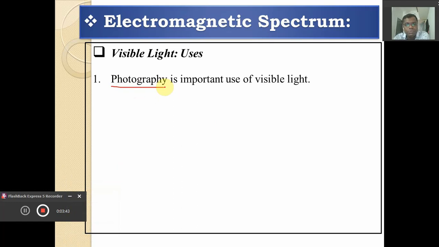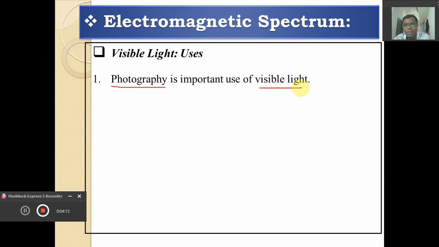Nowadays we take so many photographs using different devices, either mobile phones or cameras. Photography uses light, and that light is visible light. We are able to take photographs only because of this light.